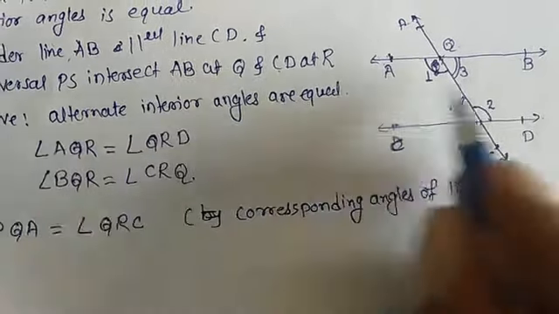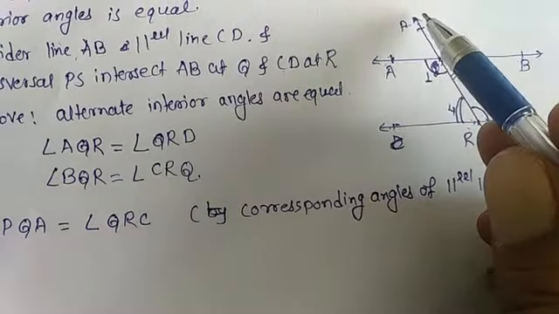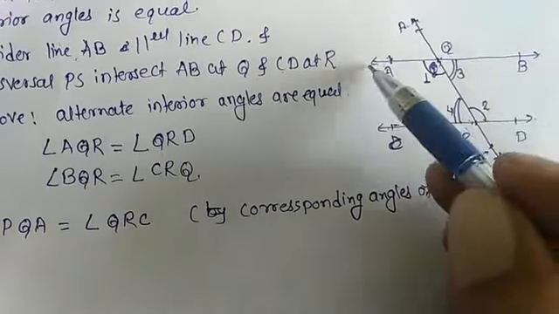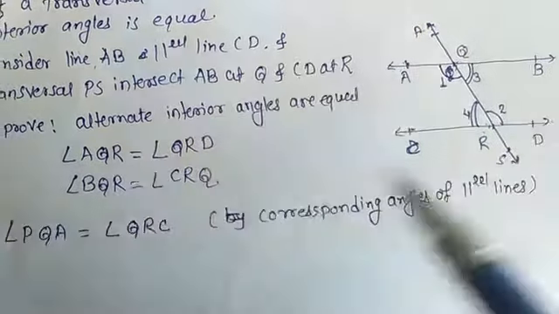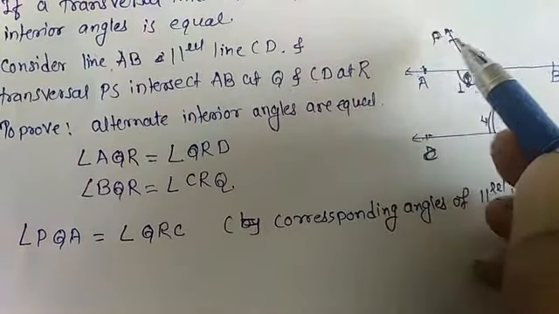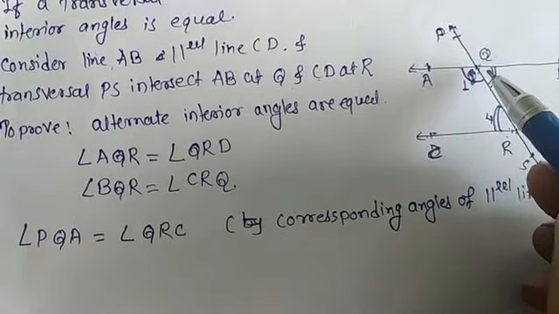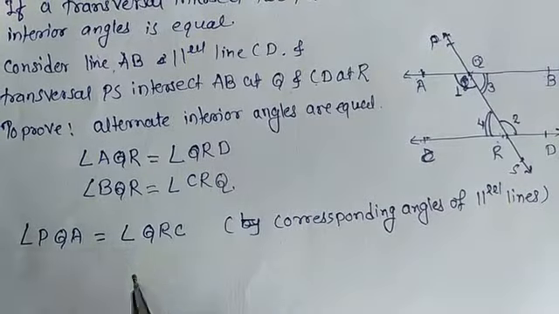Because here line AB is parallel to CD, this angle PQA is a corresponding angle with QRC, so they will be equal here.